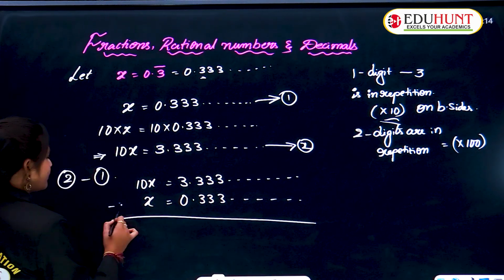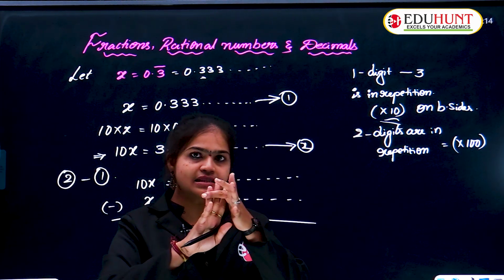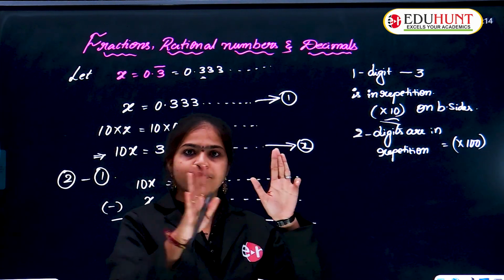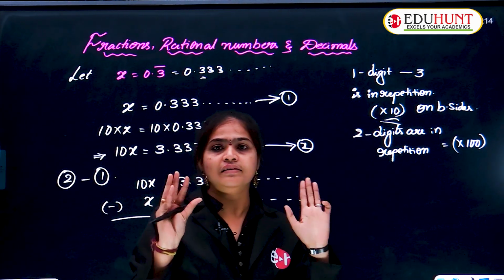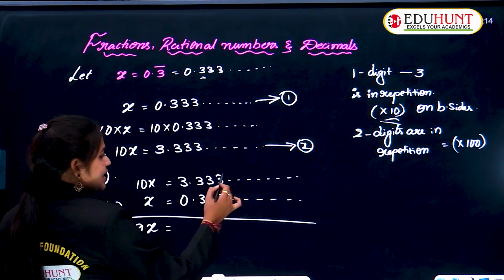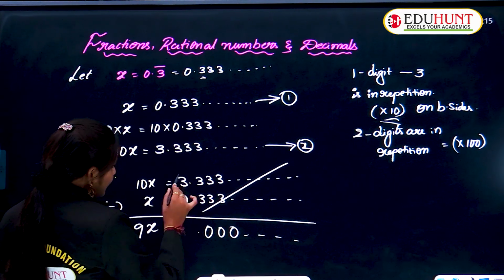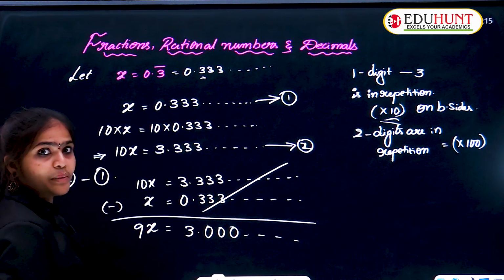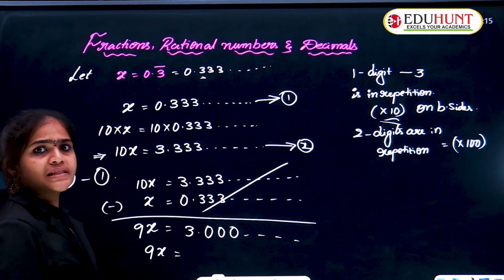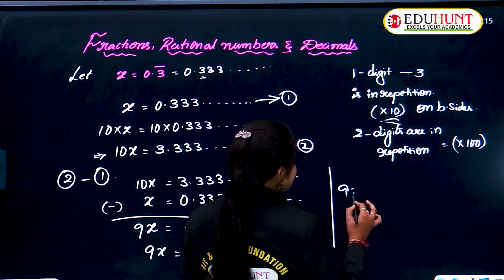We have 10 times x in total; subtracting 1x, 9 times x is left. So 9x is equal to 3.333 and so on minus 0.333 and so on. The decimal parts cancel completely, leaving 3.00, which is just 3. So 9x is equal to 3.